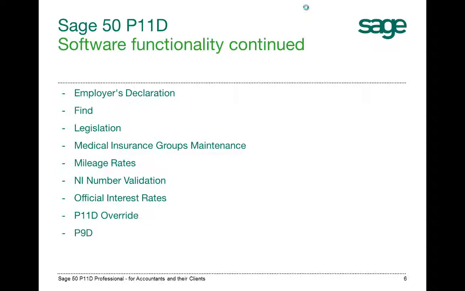Where necessary, you can enter benefit details and print off the P9D forms for those relevant employees. It recalculates the benefits as soon as you click Save. And you can also enter details of the number of employees who share company vans for calculating the shared company van benefit.